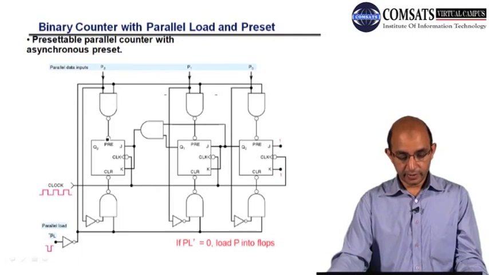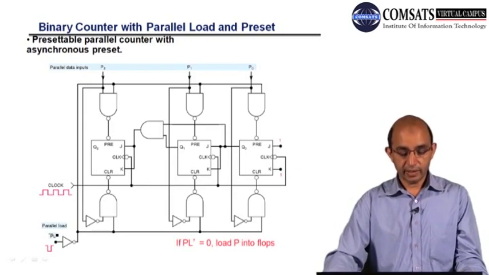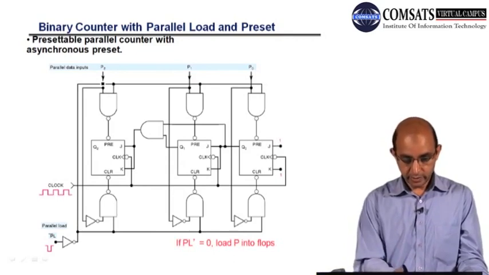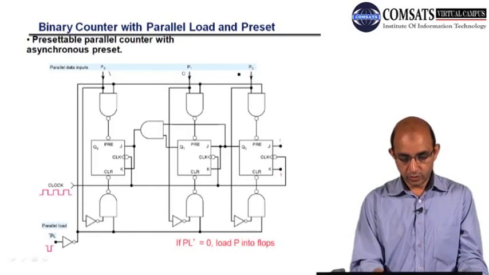Here we have the parallel load. The complement bar indicates that this is active low. Whenever PL is equal to 0, we will be loading the P's into the flip-flops. If we have load 0, it means we have 1 here. So let's do this: we want to load 1 0 1.